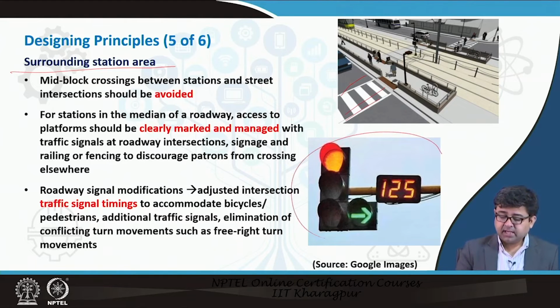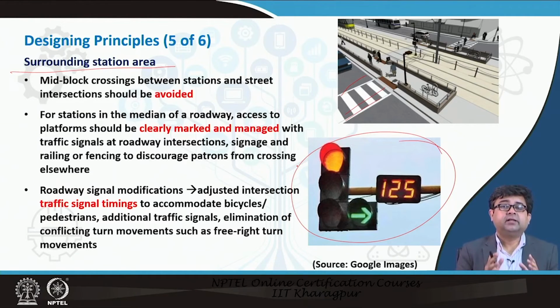Make sure if there are signalized intersections close to your station areas, the signal timings are such that they benefit the people getting in and out of your station, rather than the vehicles that are going through and not stopping at the station.